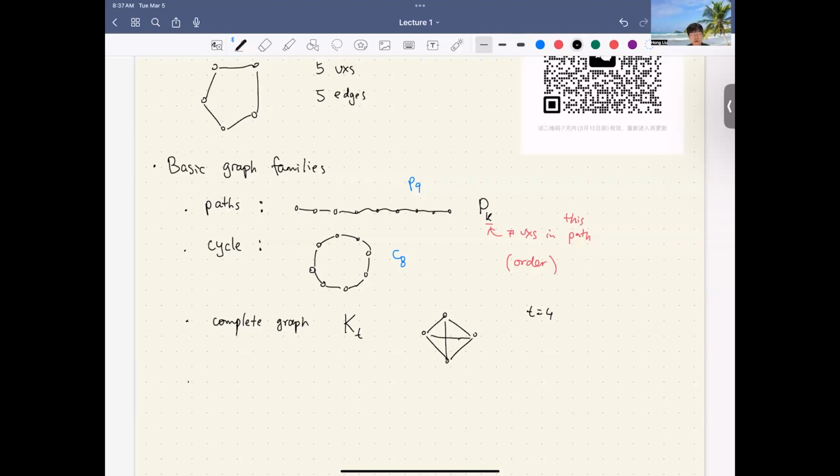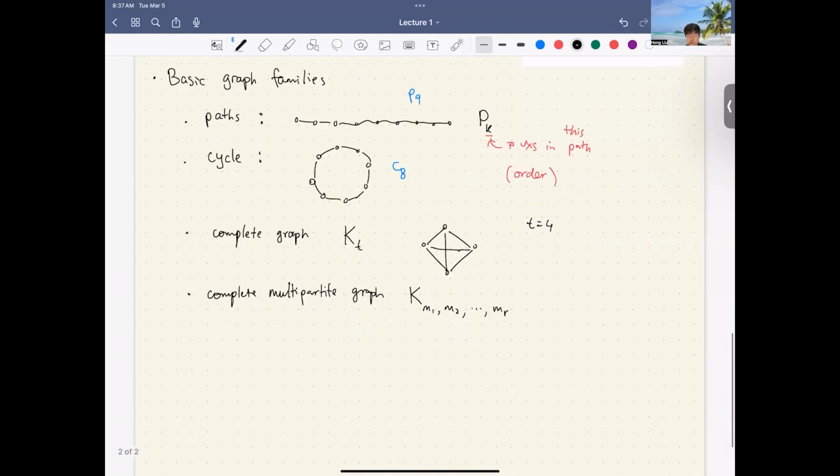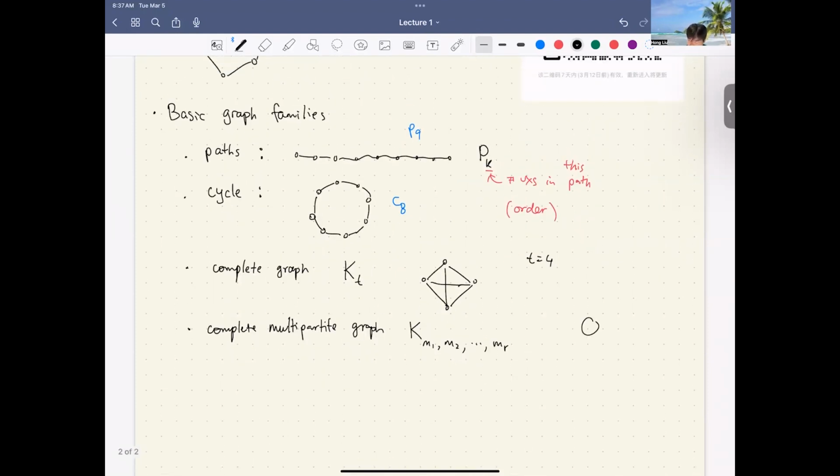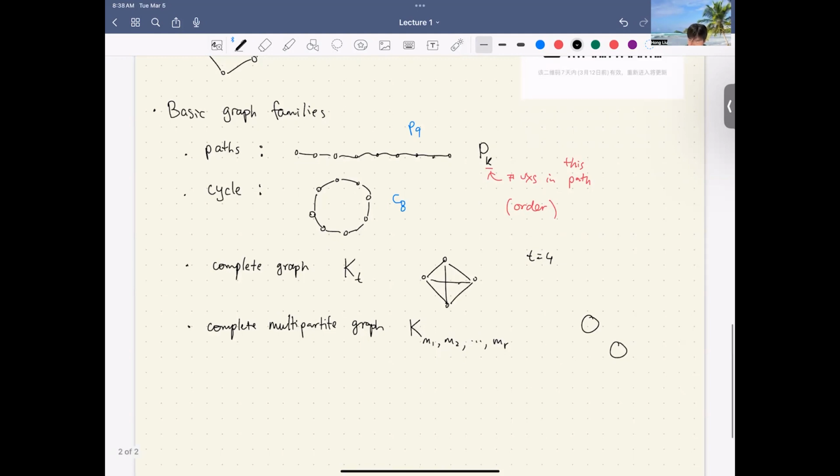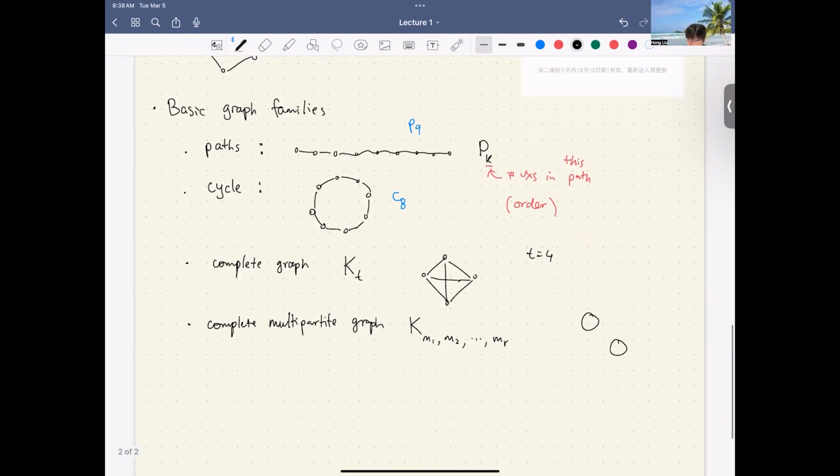Generalizing the complete graph, we can have the complete multipartite graph. Let me write K_{m1, m2, ..., mr}. Let's say we have r parts. So what is this graph? You have r parts.